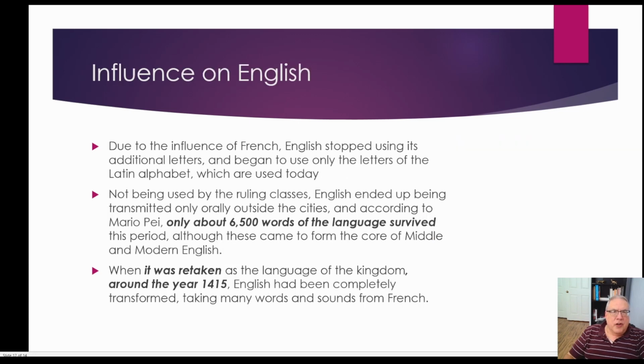Due to the influence of French, English stopped using its additional letters and began to use only the letters of the Latin alphabet, which are used today, except for the W. Not being used by the ruling classes, English ended up being transmitted orally outside the cities, and according to Mariapay, only about 6,500 words of the language survived this period, although this came to form the core of Middle and Modern English.